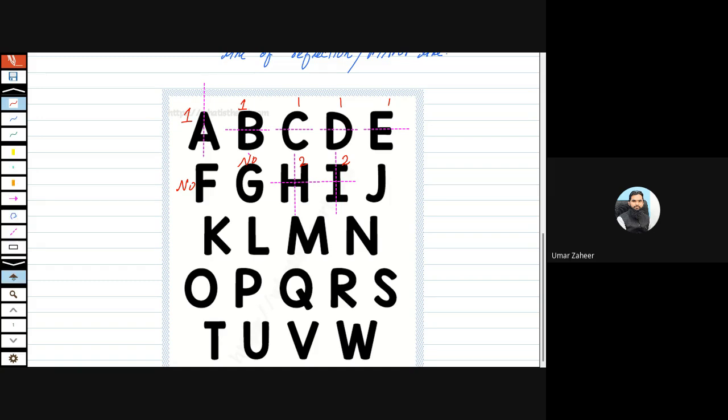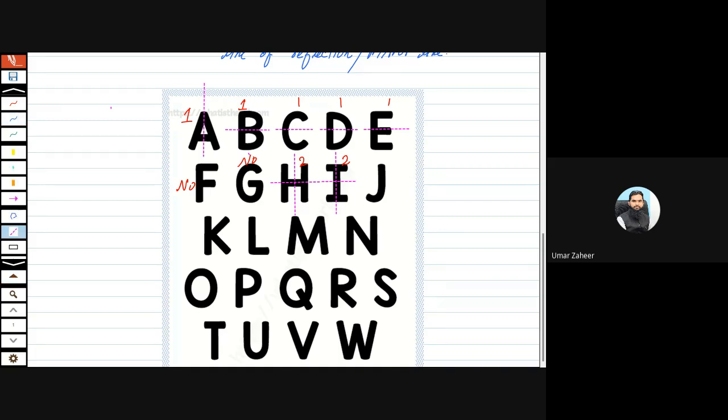Mostly we have the line of symmetry as the horizontal line, vertical line, and the diagonal lines. Mostly. But obviously there can be any other line as well. Is there any line here? We don't have any line of symmetry.